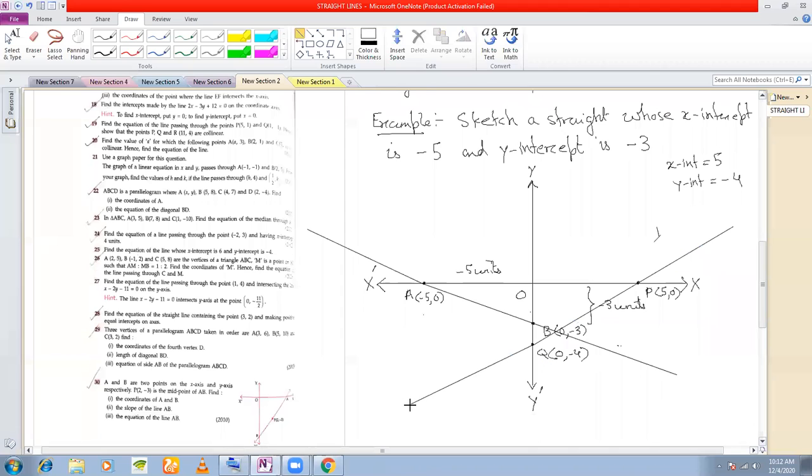Okay, any question on x-intercept, y-intercept?